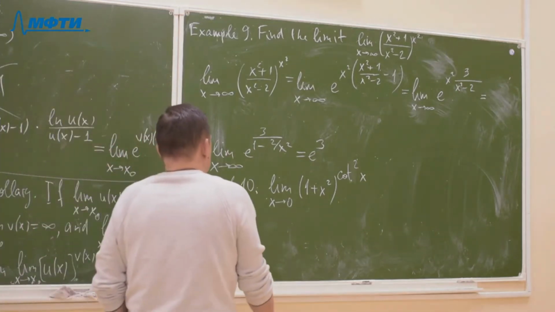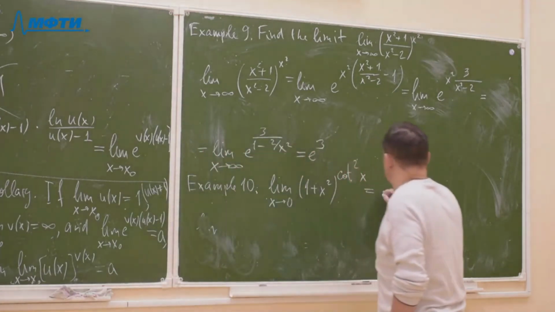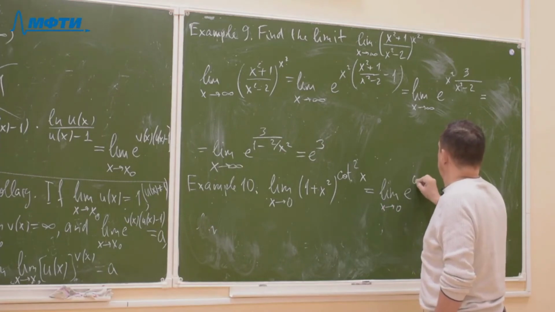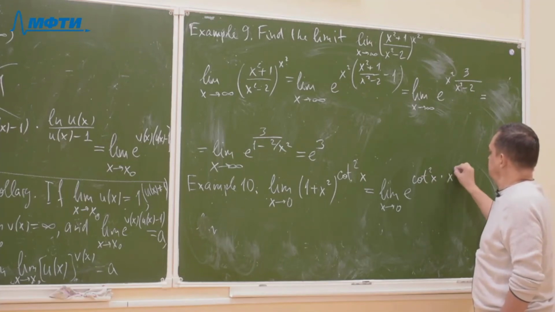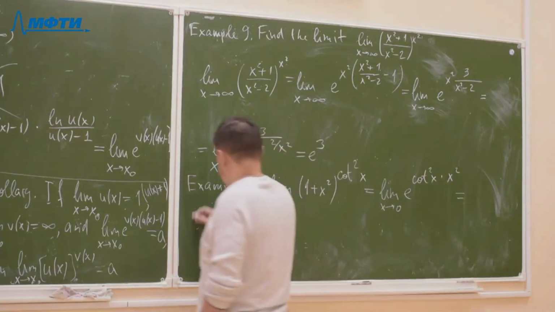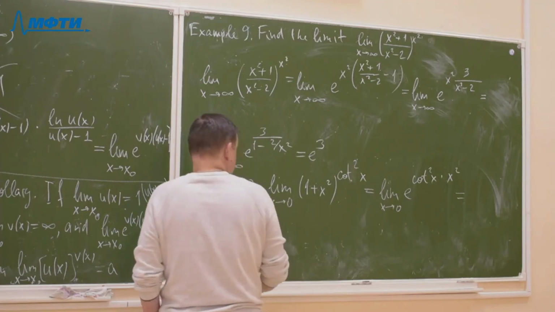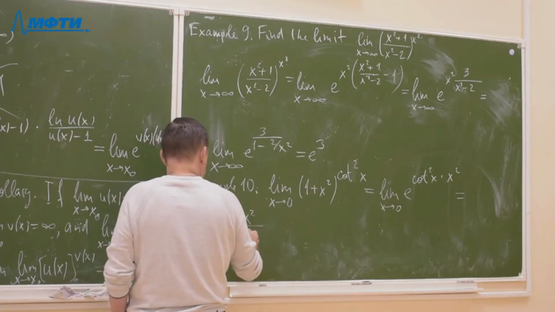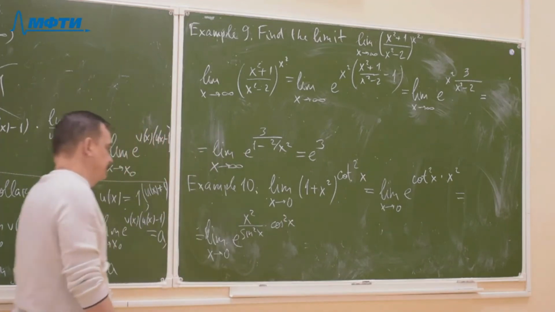Again, we will proceed: the limit is equal to the limit as x tends to 0 of e to the power cotan squared x times x squared, and we'll rewrite it as the limit as x tends to 0 of e to the power x squared over sine squared x times cosine squared x.